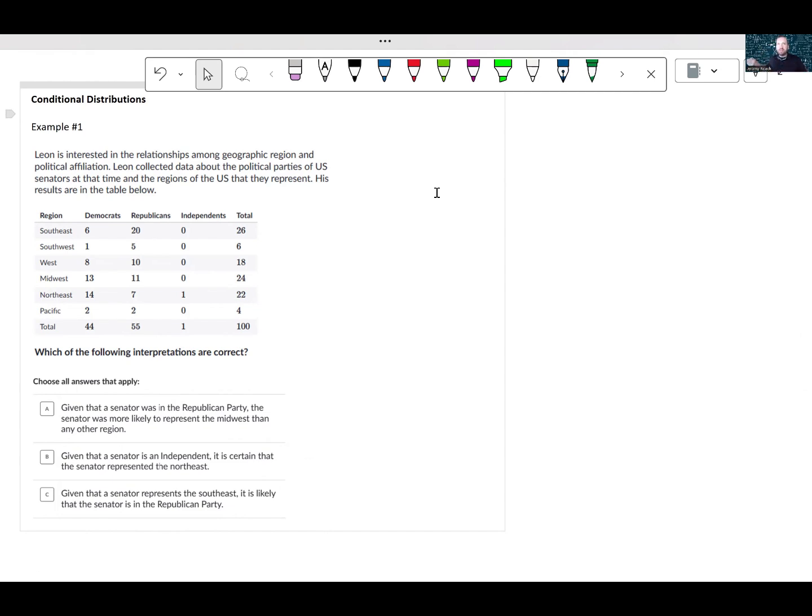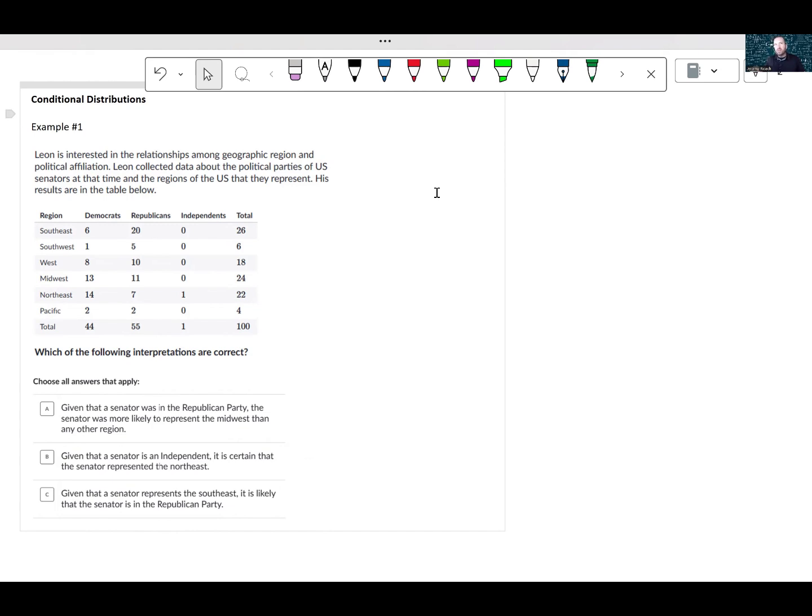So it looks like we have this data based on geographic region, and it's how many Democrats, Republicans, or independents there are based on each of the regions. And so we want to figure out which of these interpretations is correct.